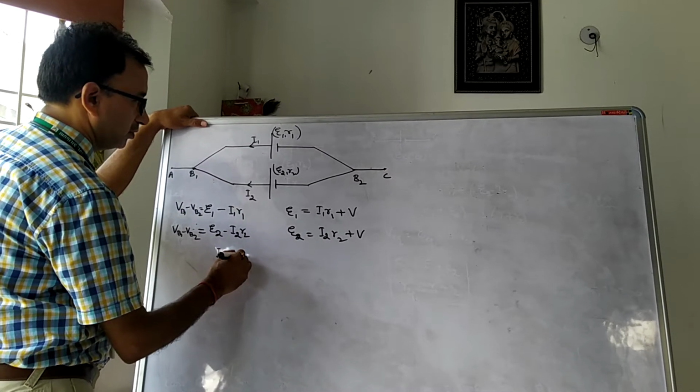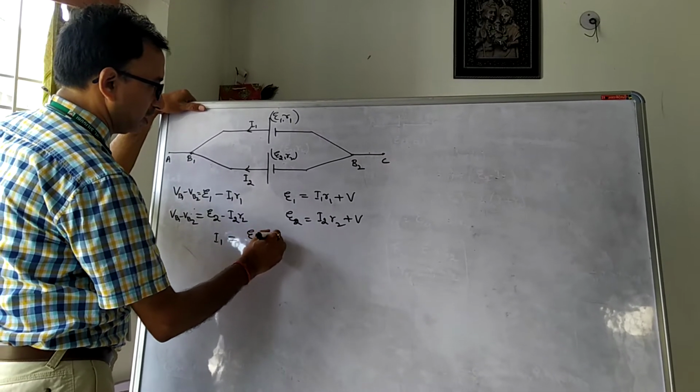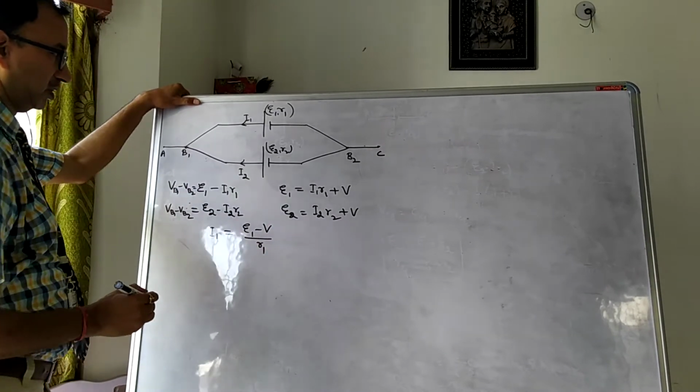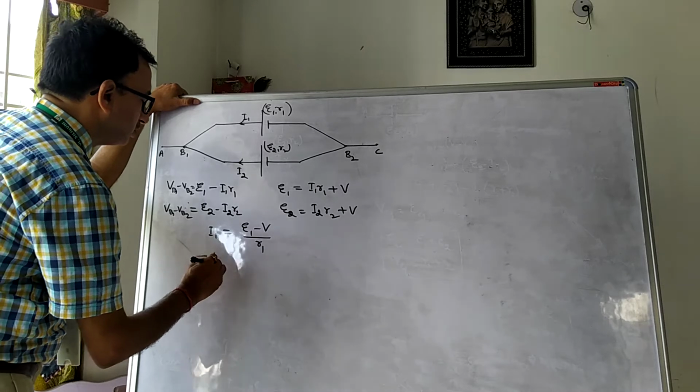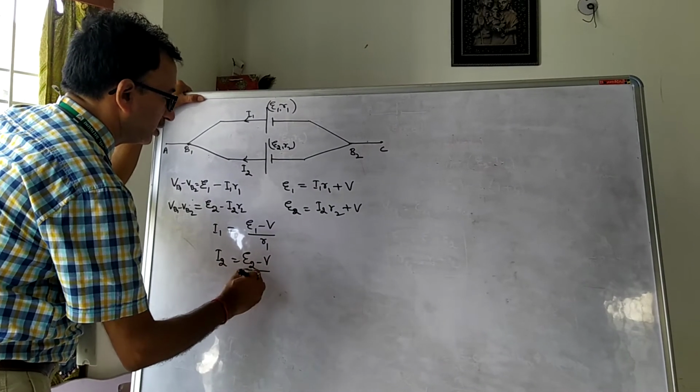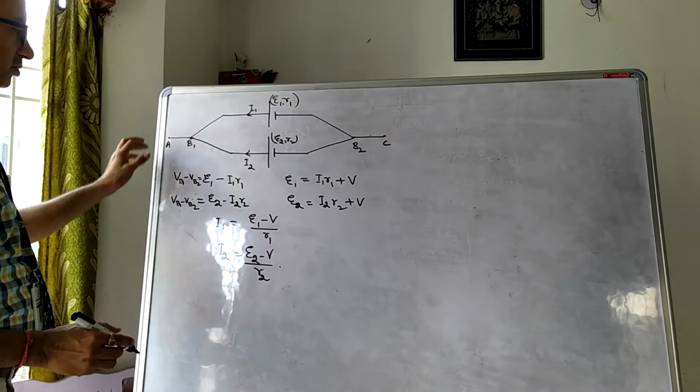So I1 will be E1 minus V divided by R1, and I2 will be E2 minus V divided by R2.